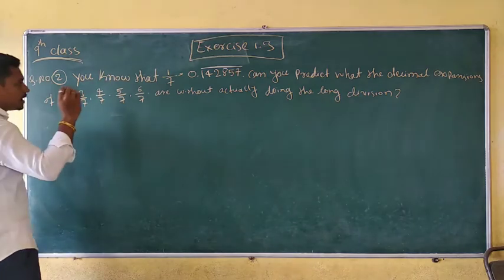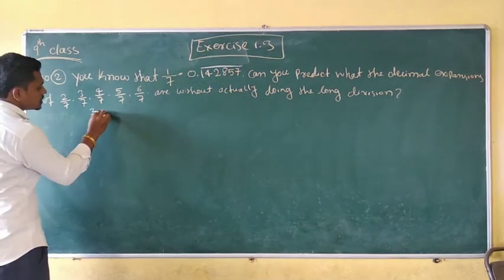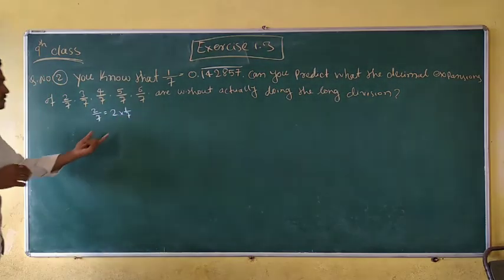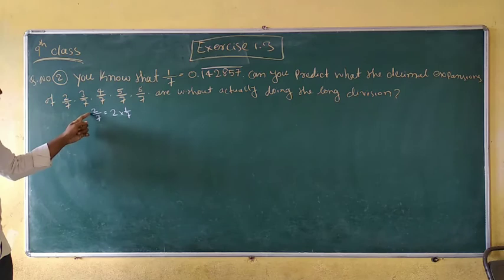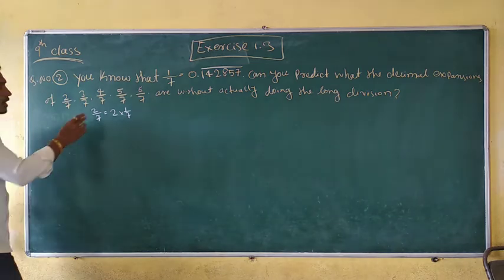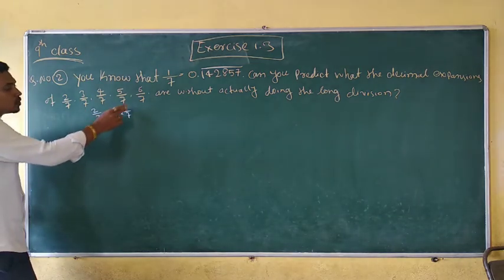First, 1 divided by 7. 2 by 7 we can write like this: 2 by 7 is equal to 2 into 1 by 7.